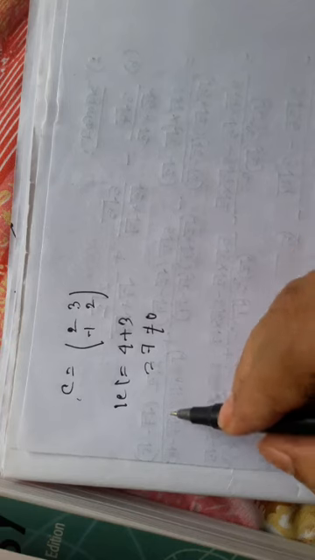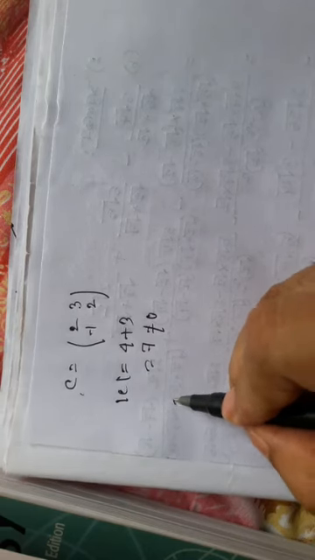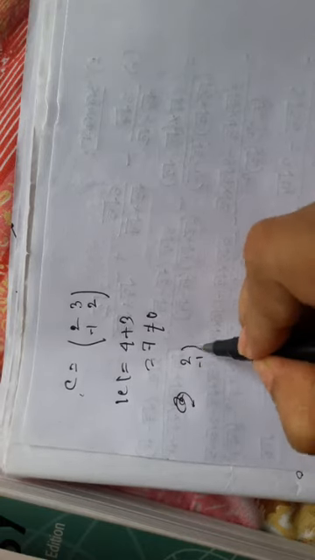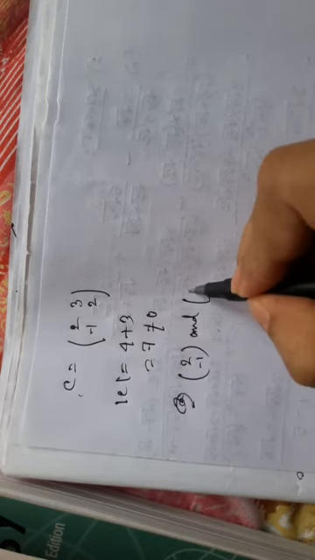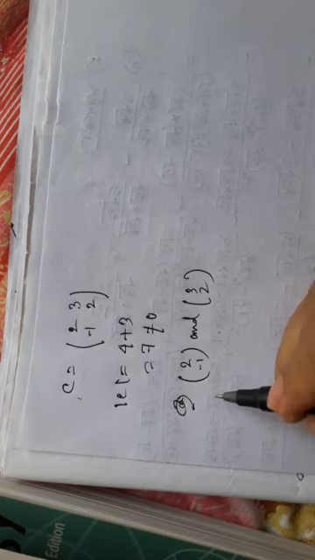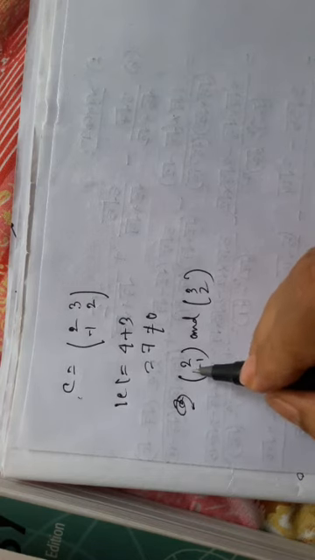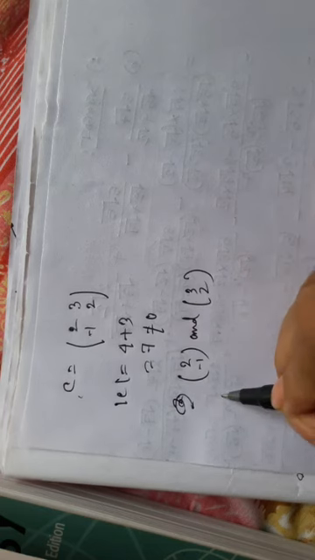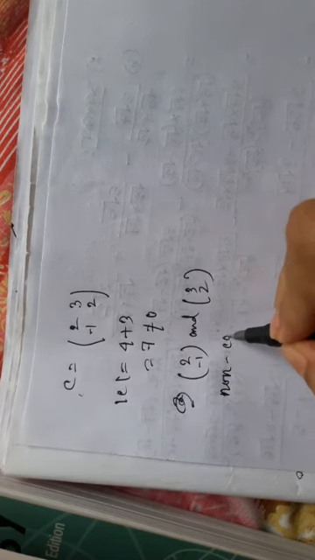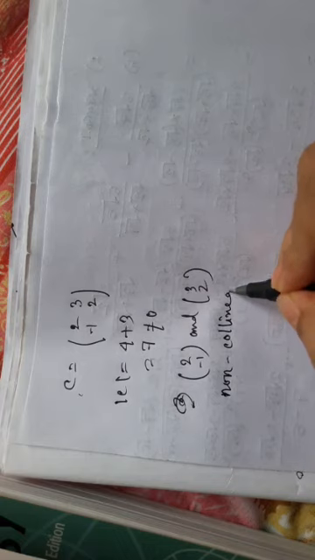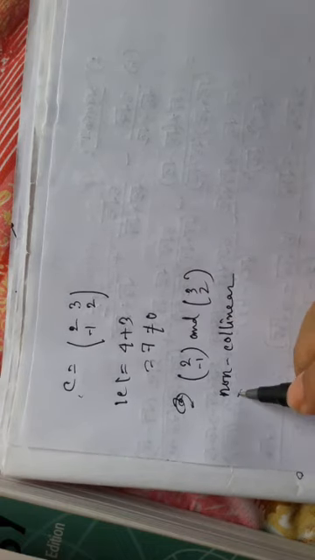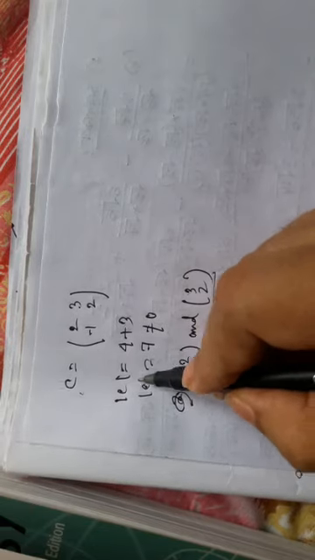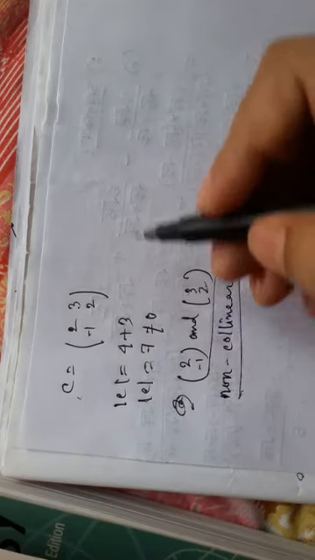So what can you say about the vectors 2, minus 1 and 3, 2? They are non-collinear. Why are they non-collinear vectors? Because the determinant value is not equal to 0.